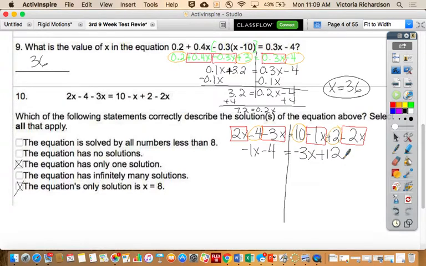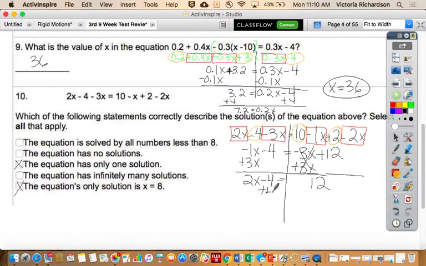So now you've got an equation with variables on both sides. You start by finding your smallest variable, which is negative 3, since negative 3 is always smaller than negative 1. So I'm going to start here, and I'm going to add 3x to both sides. And negative 1x plus 3x is 2x minus 4 equals. This cancels out, and then this is a positive 12.